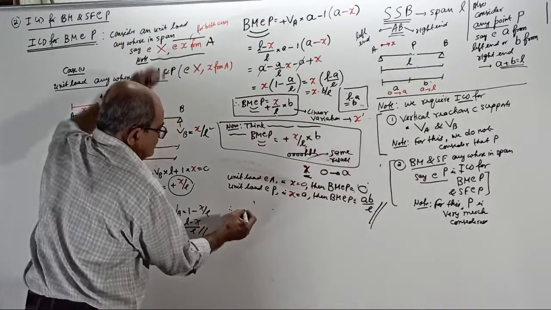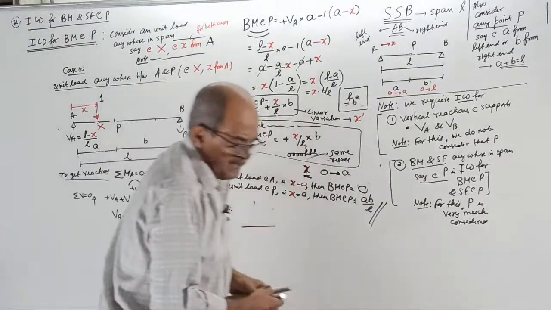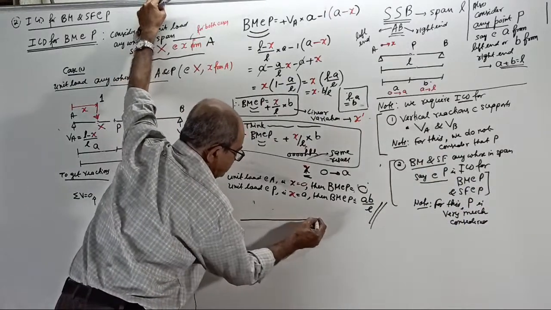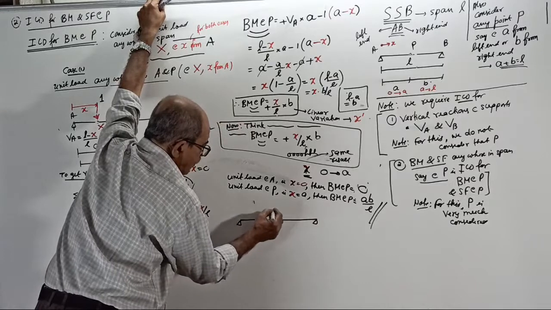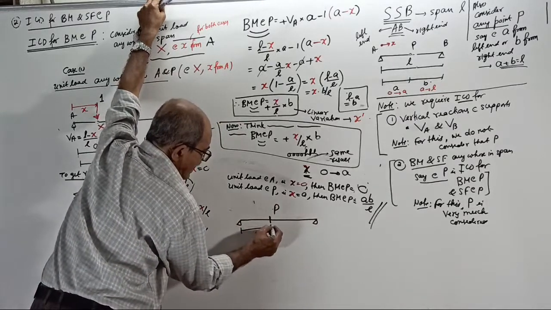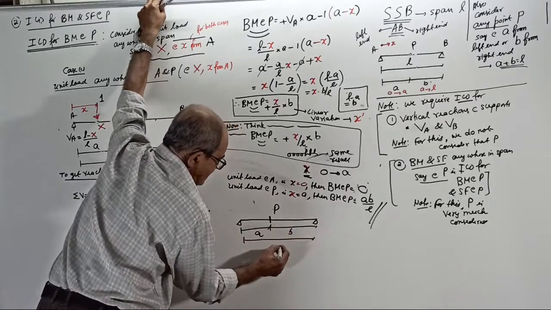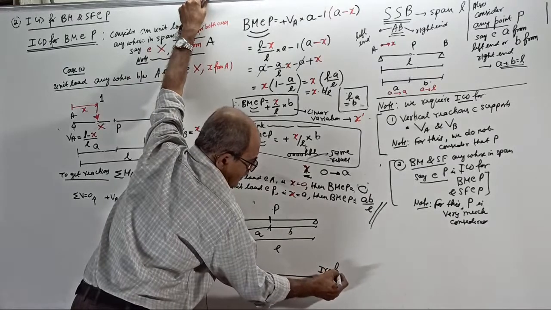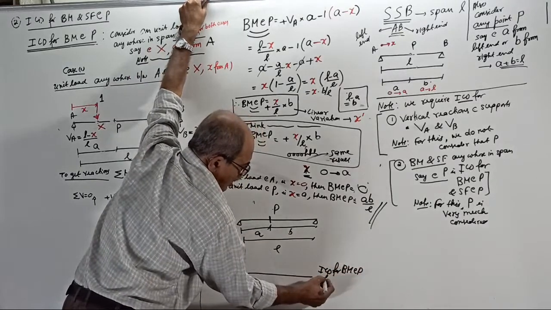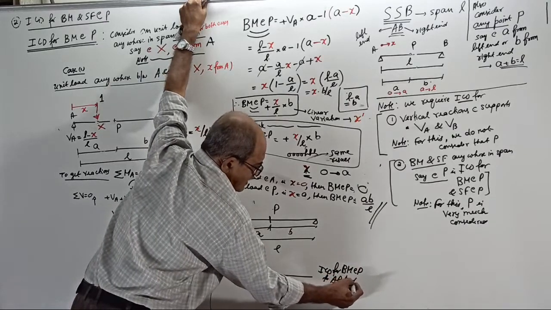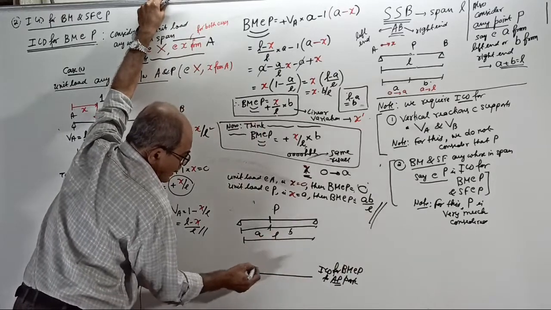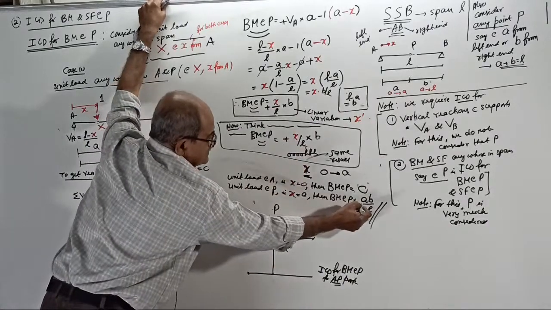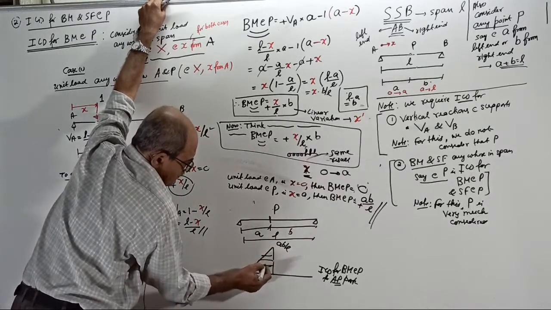Therefore, if this is the simply supported beam, if this is the point P, if this distance is A and this distance is B, span is L, then ILD for bending moment at P for AP portion is 0 here, linear variation, here ordinate is AB by L, sign is plus, the hatched sign is plus.